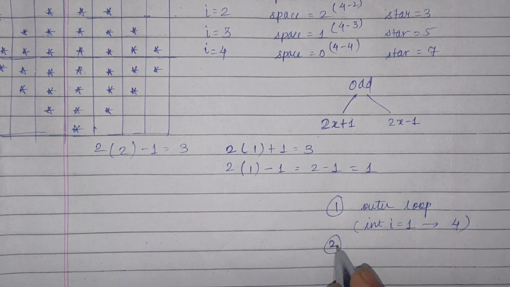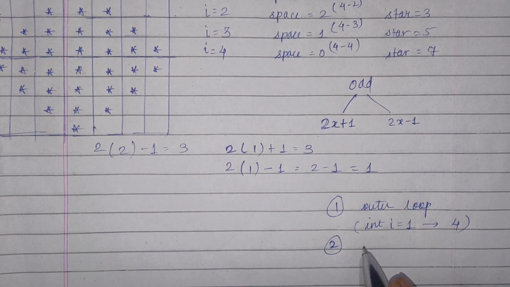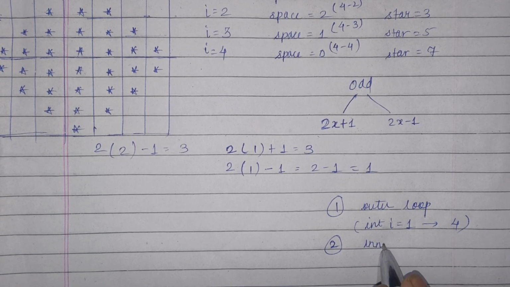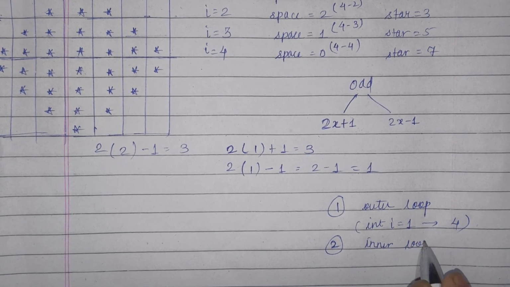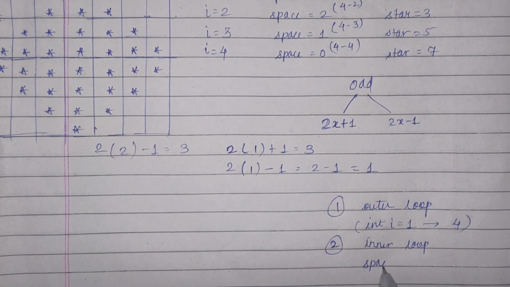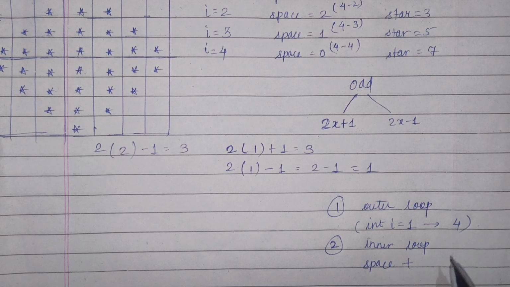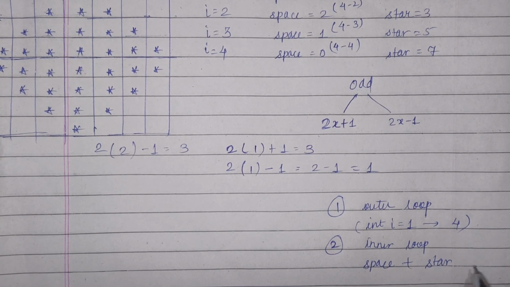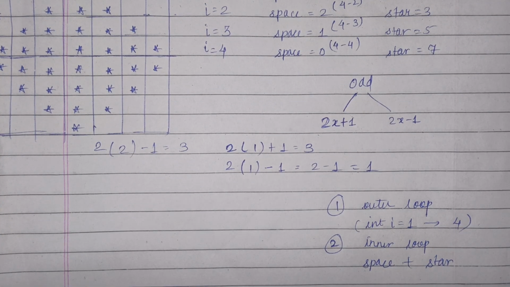And in the inner loop, first we have to print a space, then we have to print stars in odd form, and we have to give a space. So let's see in our demonstration how to write the code for the diamond pattern.